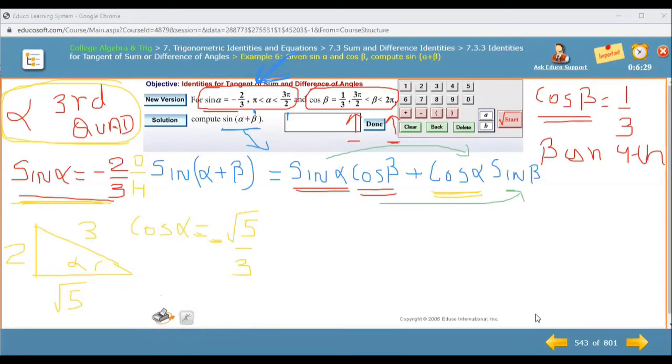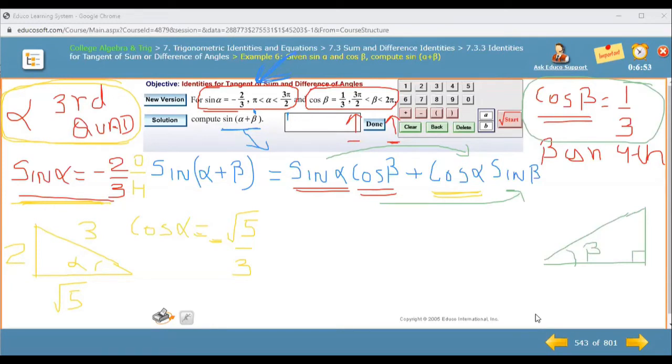All right. So the same way, we go to the other side and try to calculate the sine beta from this cosine beta. Cosine beta is given. I draw a triangle for cosine. Let's say this angle is beta. This is a right triangle.